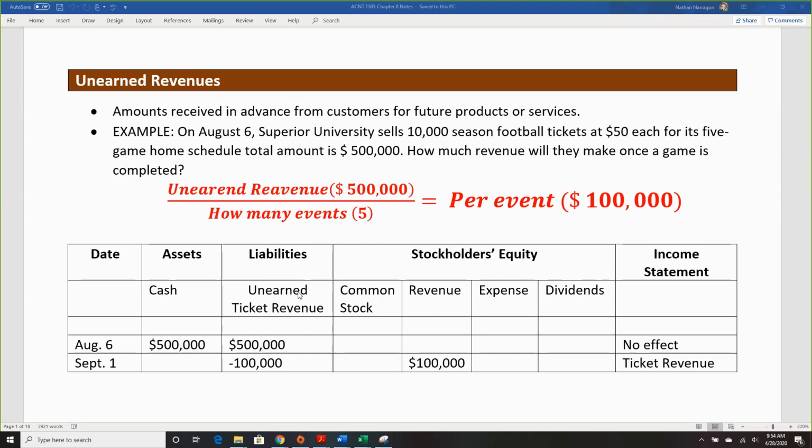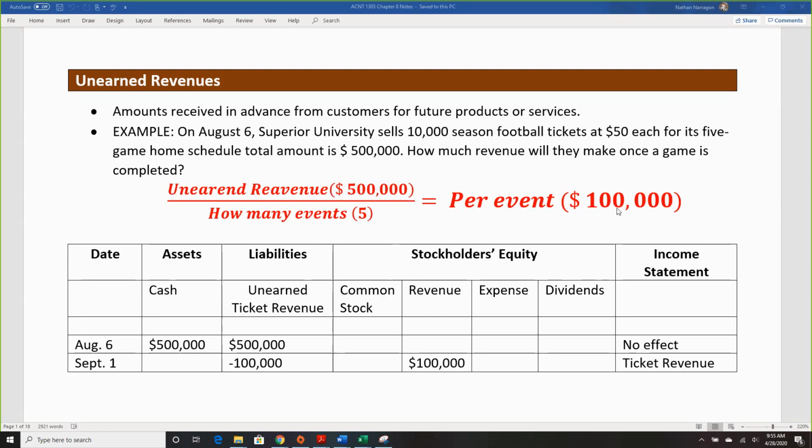But we would take the unearned revenue that we basically have, and we're going to divide it by how many events or services we're going to perform. This will tell us per event how much money we actually earned. So 500,000 divided by 5 for the 5 football games gives us 100K that we actually earn per game.